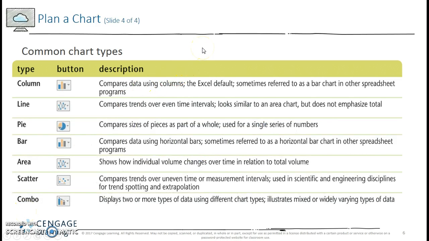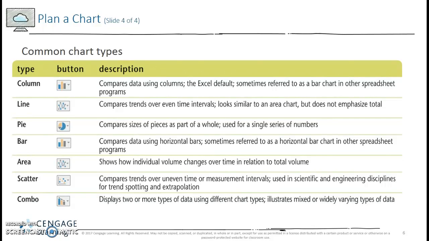So there are different kinds of chart types. And one of the things that you need to know about each of them is what they look like and how they can best represent the data that you have. A column chart compares data using columns. A line chart compares trends over an even time interval.